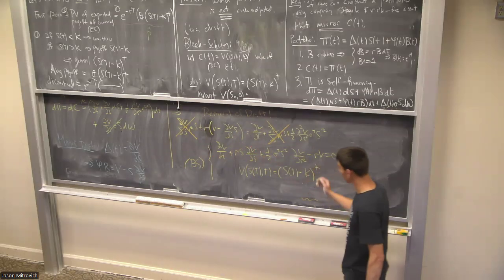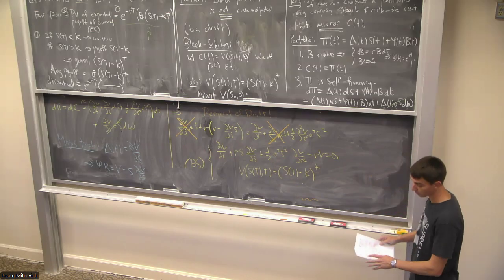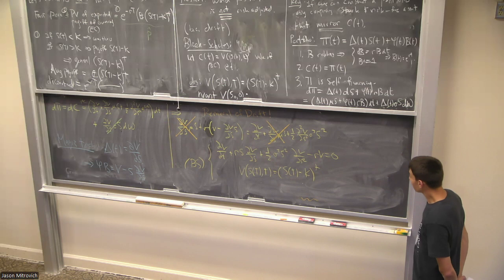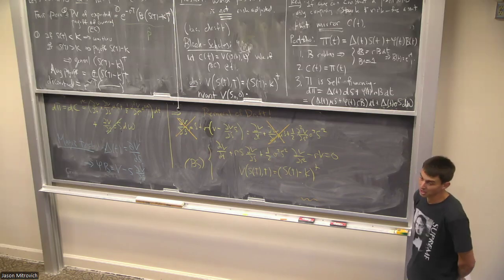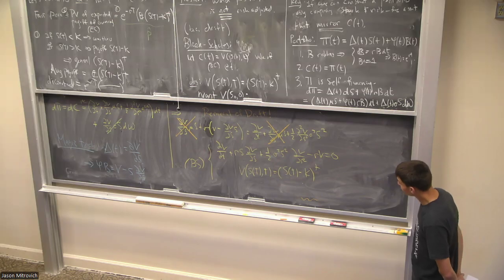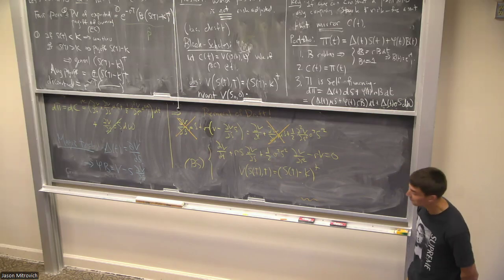And I will say one word of how you actually solve this thing. I won't write anything down, so we're done with writing. You look at this thing and you say, okay, well, we need to solve for a function v, and then we just plug in t equals 0, and we're done. The clever trick is that this actually reduces to the heat equation.